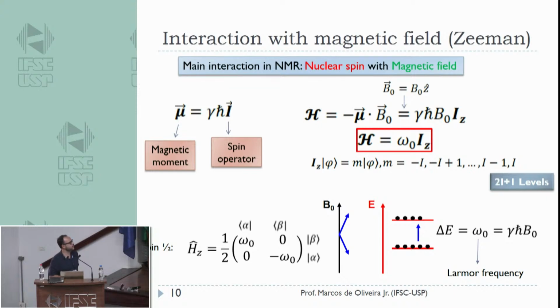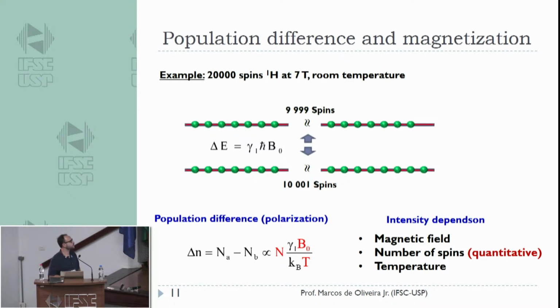That's equal to the gamma, the constant Planck, and the B0 value. So it depends on the magnetic field you are applying and on the isotope you are measuring. That's defined by this gamma value here. So we have populations in these states that are given in the equilibrium by the Boltzmann distribution. So, of course, we will have more spins in the lower energy level than in the higher energy level.